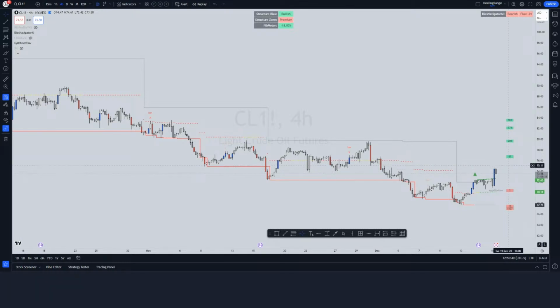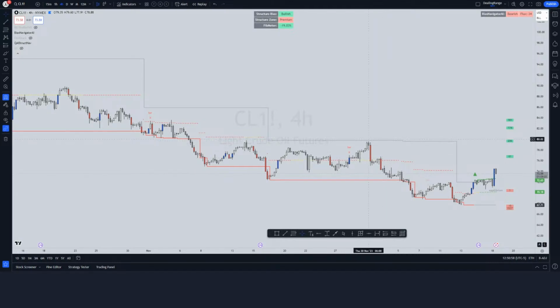Okay, so as it gets closer to them, there's some sort of a gravitational pull, so that when these levels get hit, they disappear. So if this level here gets hit, it will disappear because it's already been raided.